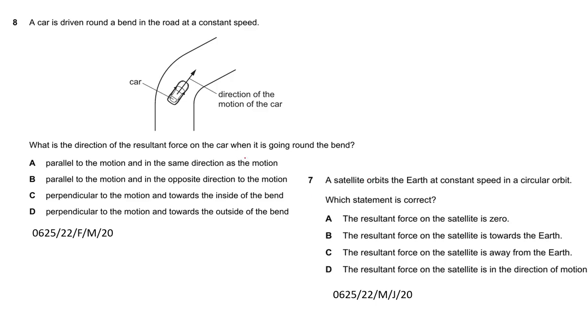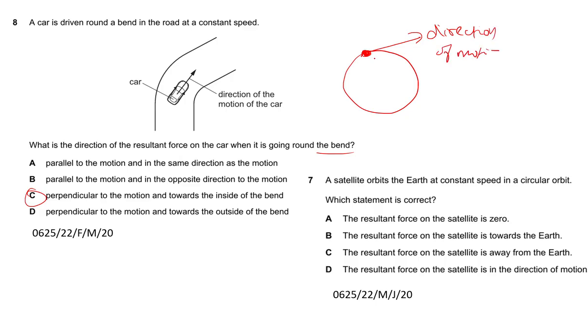Again, for an object moving in a circular bend, which direction? It will be perpendicular to the motion and towards the inside of the bend. Option C. Perpendicular to the motion, because something moving in a circular path, the direction of motion is in this way, the resultant force is this way, so they are perpendicular, they have 90 degrees.